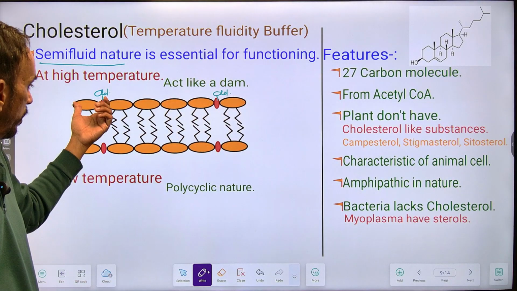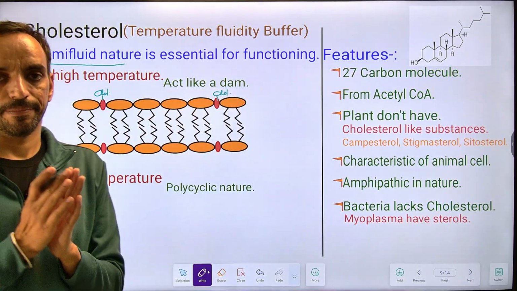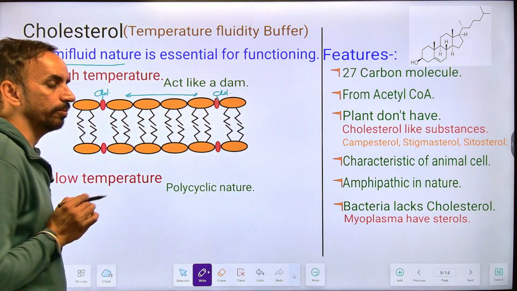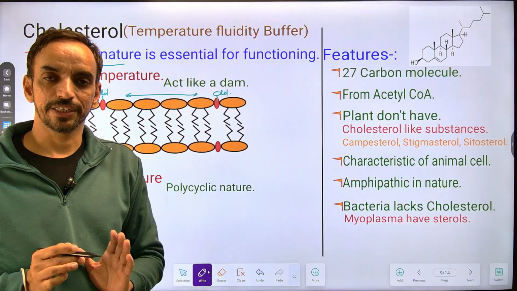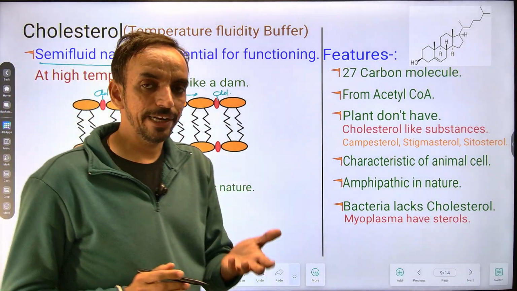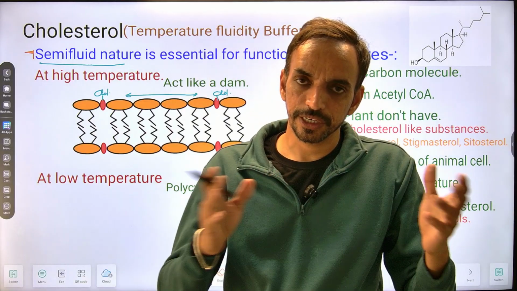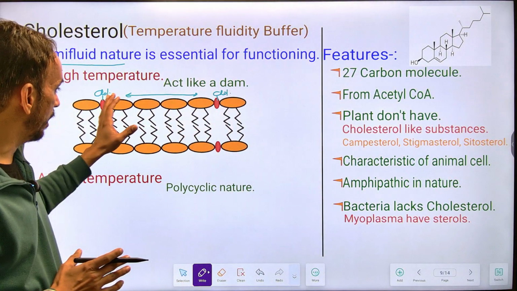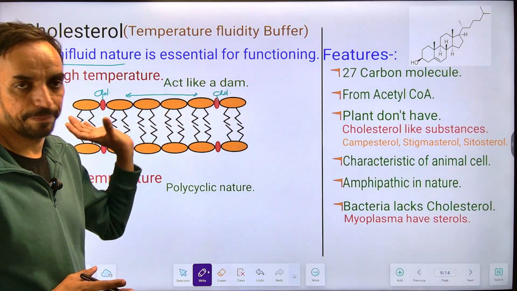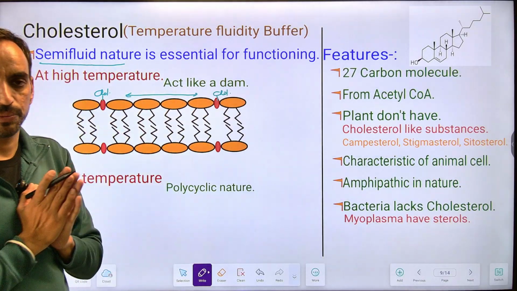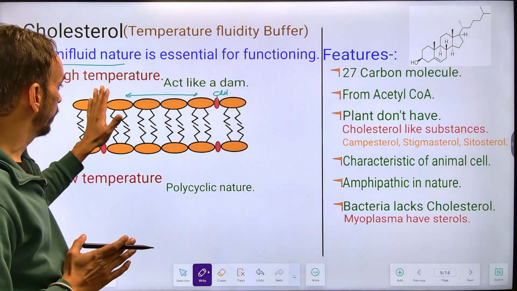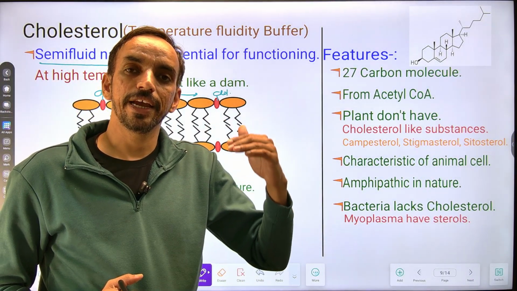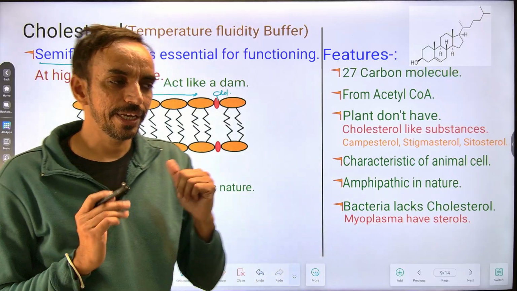At higher temperature, these cholesterol molecules, they will act like a dam, and the movement of lipid, it is only possible between the two cholesterol molecule. इससे बाहर नहीं जा सकते क्योंकि हाई टेम्परेचर पर लिपिड मेल्ट होता है, लिपिड मेल्ट होगा तो लिपिड के जो मॉलिक्यूल्स हैं वो मूवमेंट करेंगे, बट these cholesterol molecules, they allow the movement only between them. इन दो कोलेस्ट्रॉल मॉलिक्यूल्स के बीच में ही ट्रांसपोर्ट होगा, मूवमेंट होगा, सो दे प्रिवेंट द लिक्विडिफिकेशन ऑफ द प्लाज्मा मेम्ब्रेन एट हायर टेम्परेचर, उसको इंटैक्ट बनाए रखते हैं.